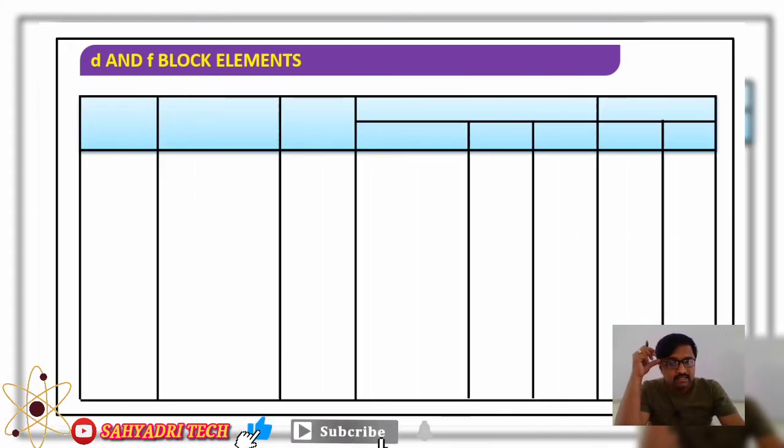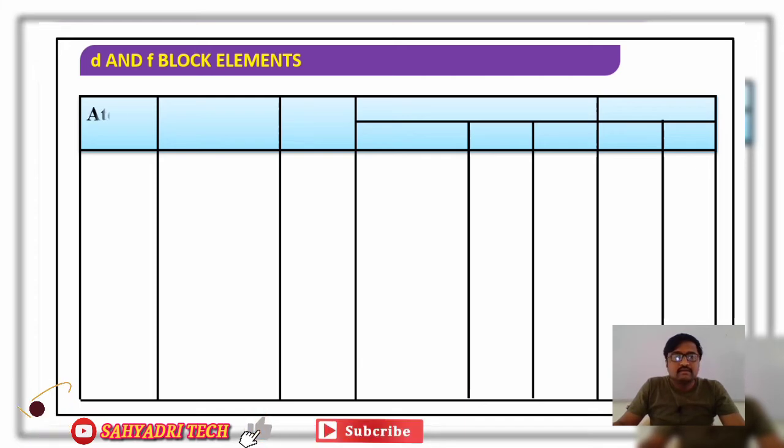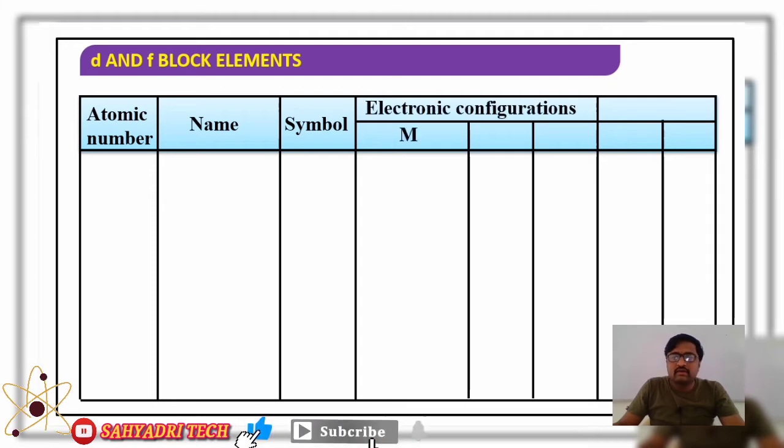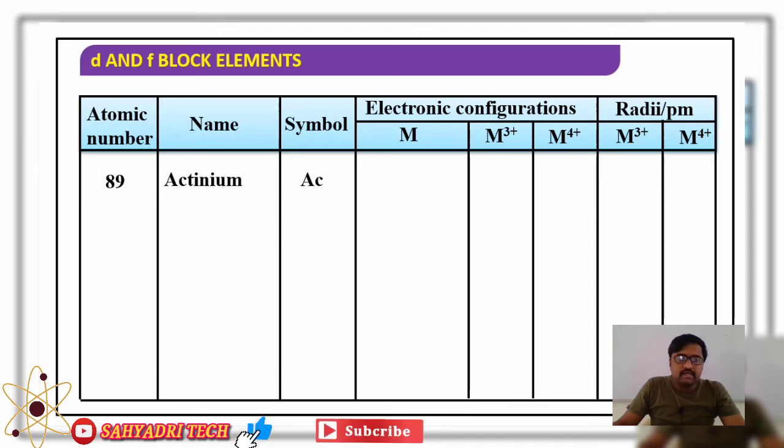Now if we consider the elements, their atomic number, symbol, electronic configuration and oxidation states. Atomic number 89, actinium, Ac is the symbol. The outer configuration is 5f0 6d1 7s2. There is no electron in the f orbital, so actinium is not a true f block element.